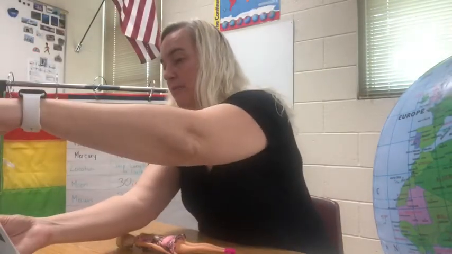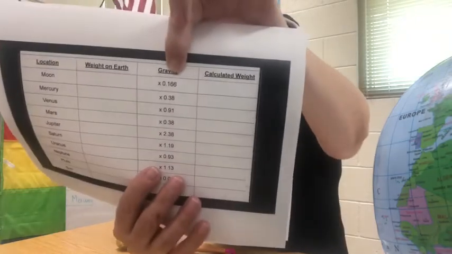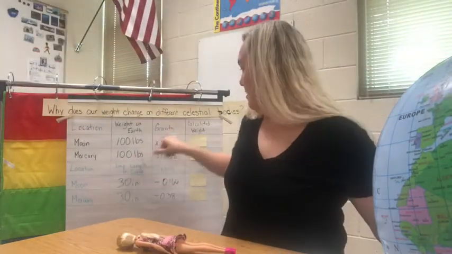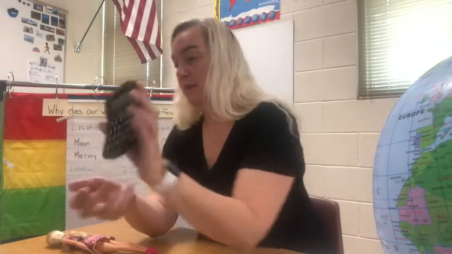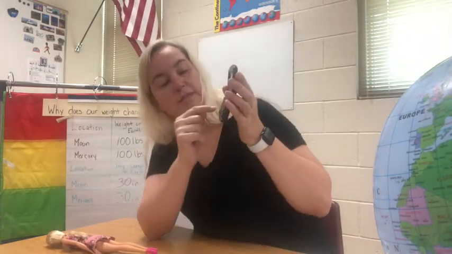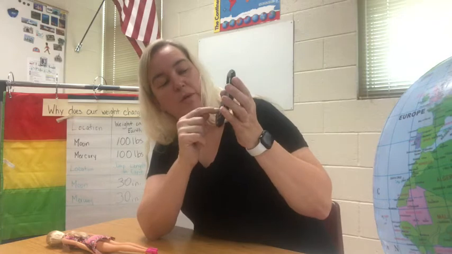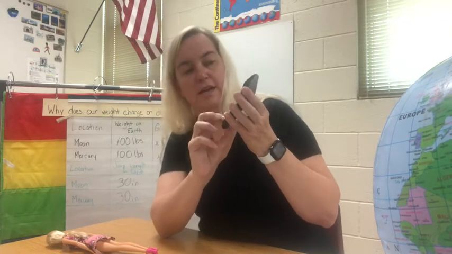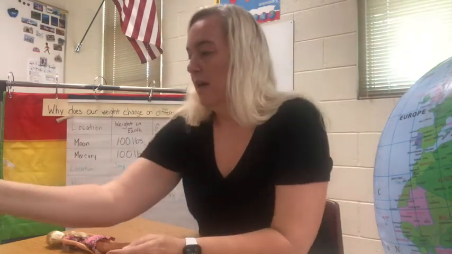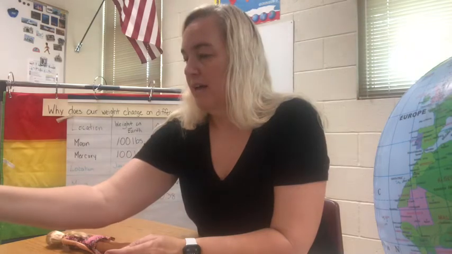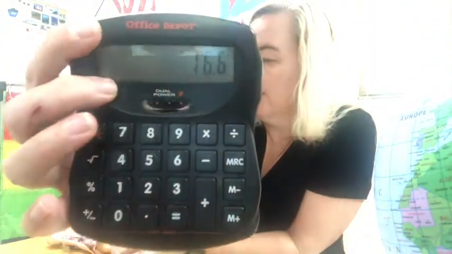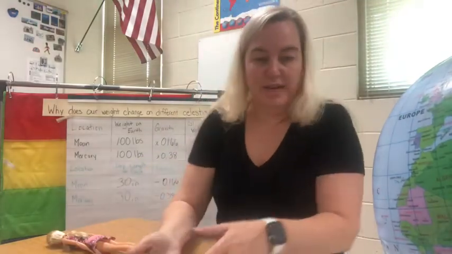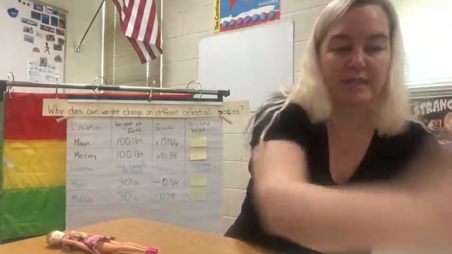Multiply by 0.166. Okay? Because that's the gravitational pull on the moon. So I put 100 times 0.166. And I hit enter. How much does Barbie weigh on the moon? 16.6 pounds. She weighs 16.6 pounds.